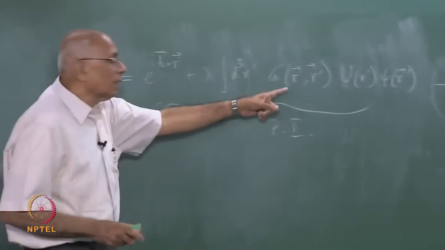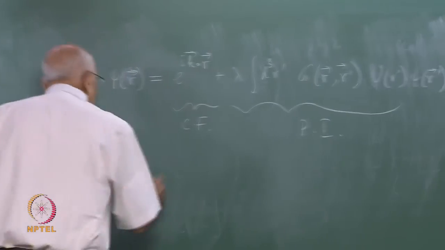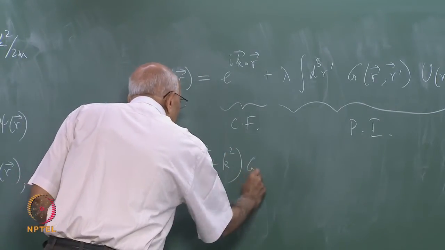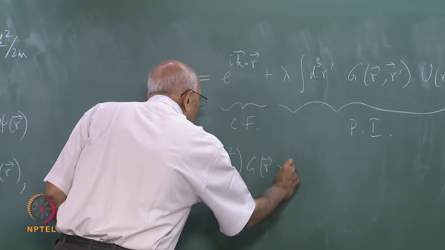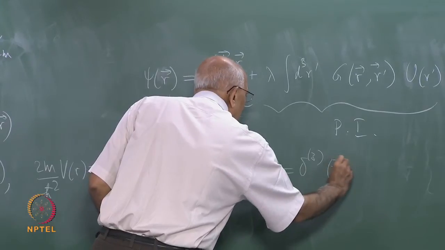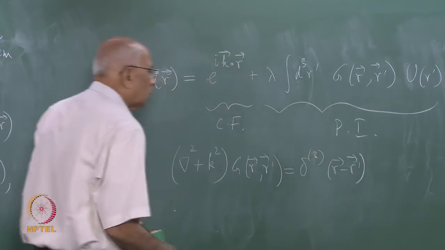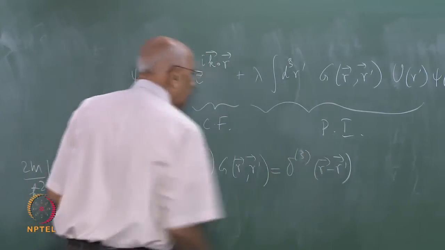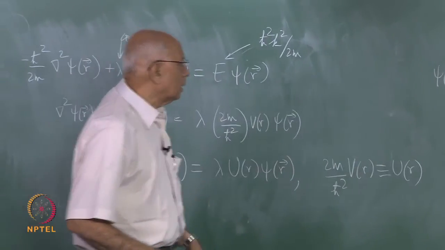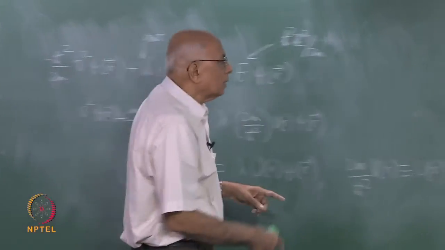But what equation does this Green function satisfy? Clearly it satisfies del squared plus k squared g of r comma r prime equal to a 3-dimensional delta function. That is easy to see, because all I have to do is apply this del squared plus k squared on either side.